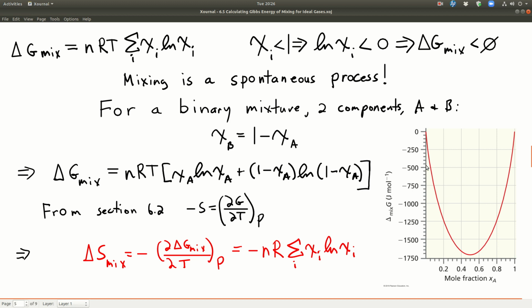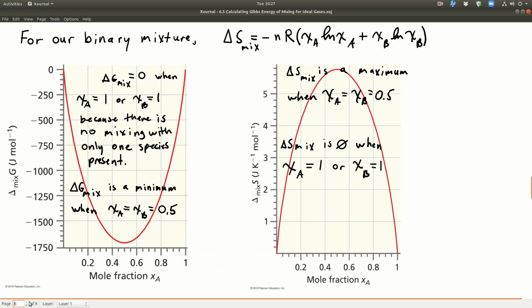So this is what it looks like for a two-component mixture if you graph the delta G of mixing versus the mole fraction of one of the components. So let's look at delta G of mixing versus the mole fraction of one of the components for our binary system.